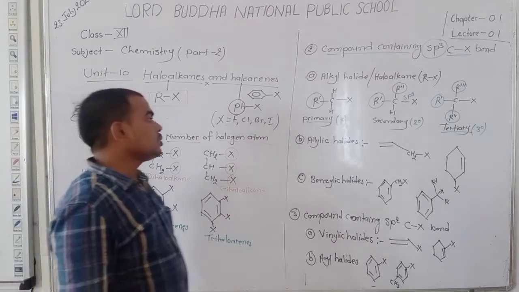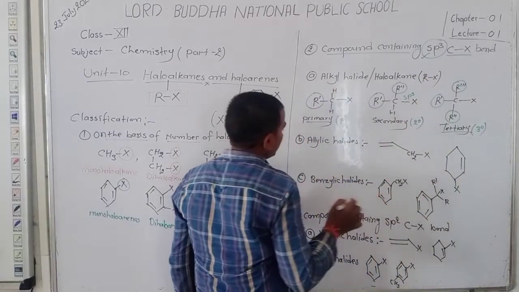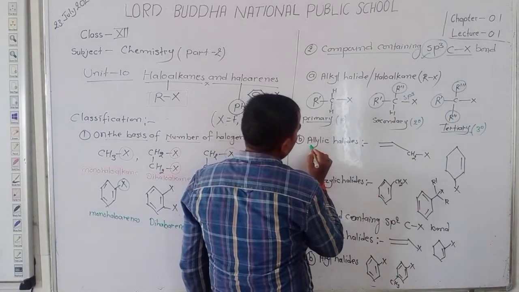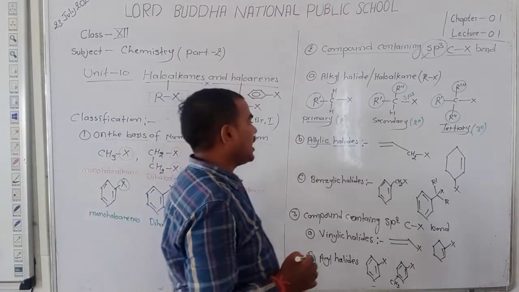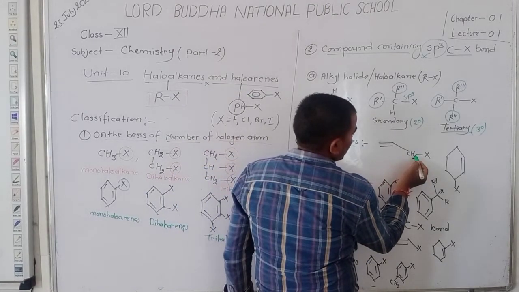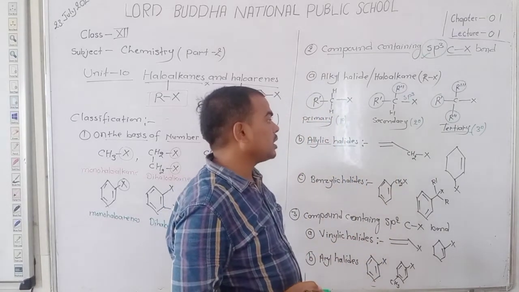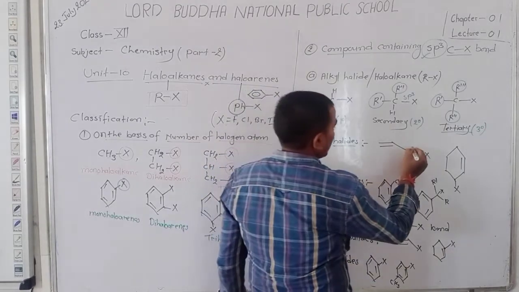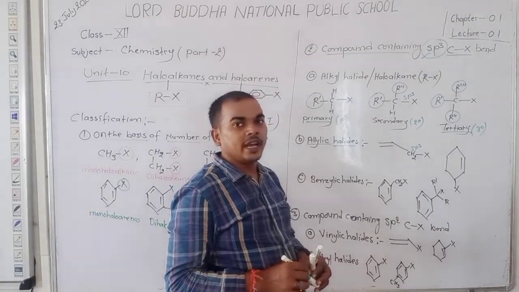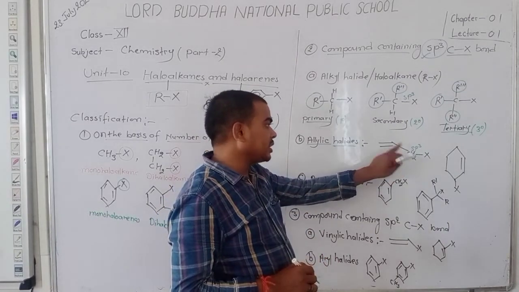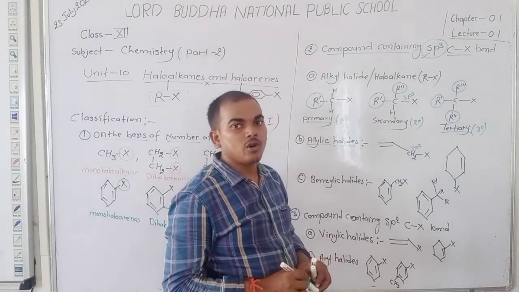In sp3 hybrid C-X bond carbons, another example is allylic halide. We say allylic halide when the sp3 carbon, having four single bonds, is attached with the halogen and its neighbor carbon is joined with a multiple bond, a double bond.